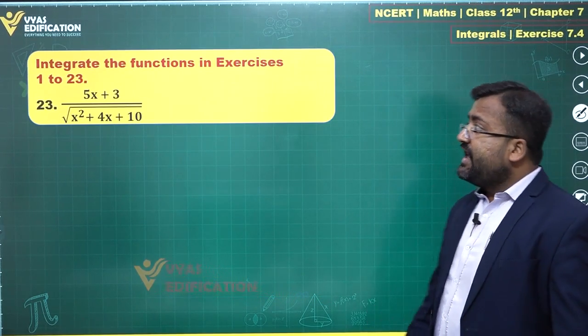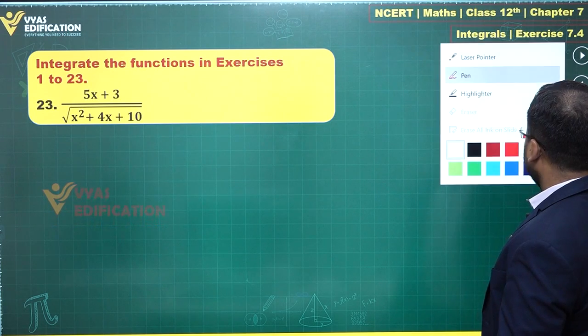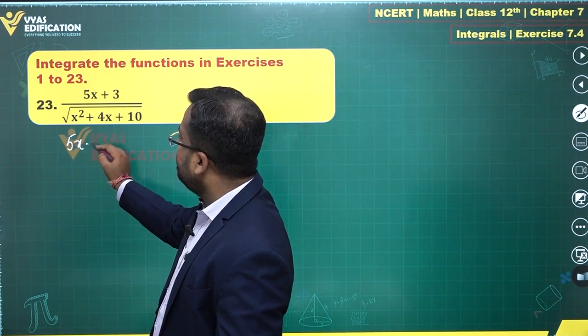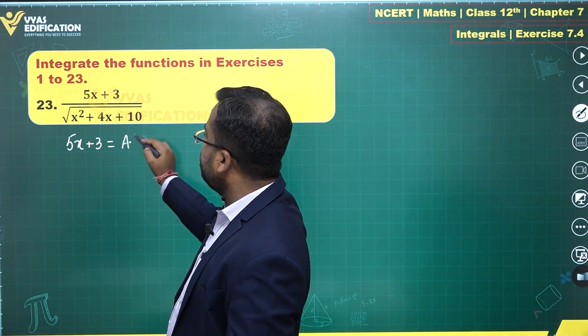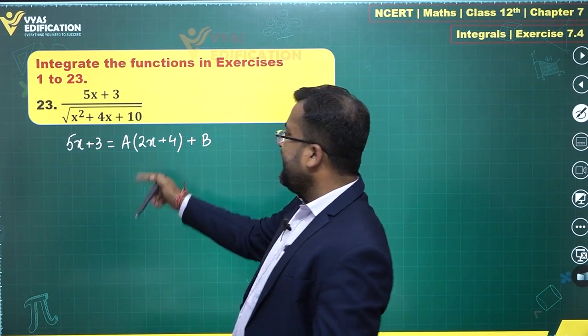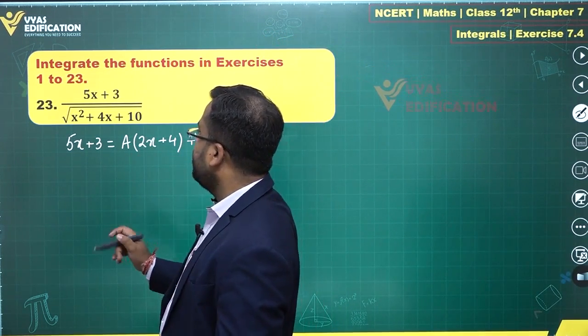The 23rd question says the integral of 5x plus 3 upon under root of x square plus 4x plus 10. Once again, we have linear upon root quadratic. So that linear 5x plus 3 can be written as a times 2x plus 4 plus b, a times the derivative of the quadratic in the denominator, and b.